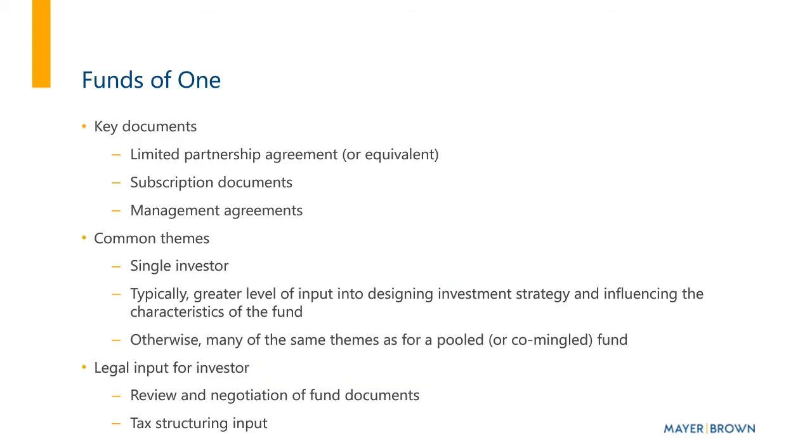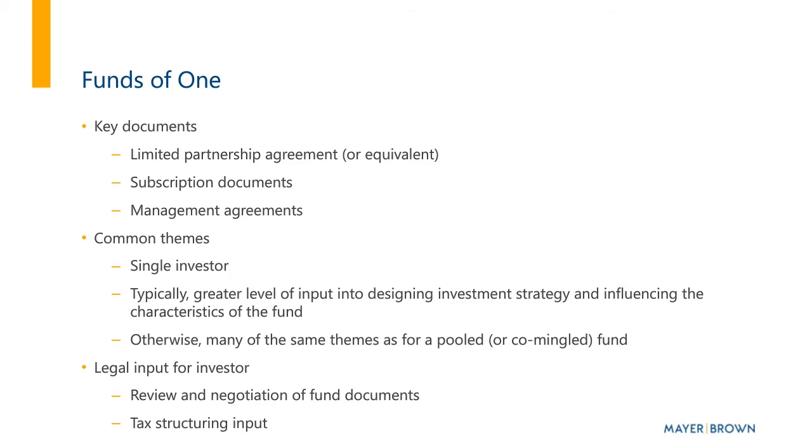It follows from this that the documentation for a fund of one and the legal issues that typically need to be considered are broadly very similar to those for a pooled fund. The key difference is that because a fund of one is essentially a more bespoke product for an investor, the investor will typically have a far greater level of input into designing the investment strategy and influencing the characteristics and terms of the vehicle.